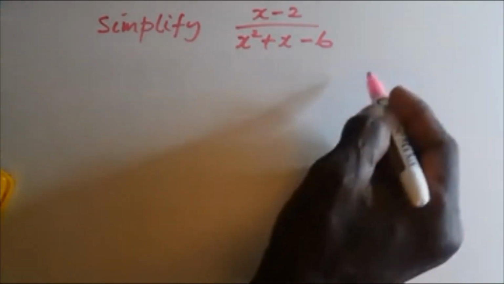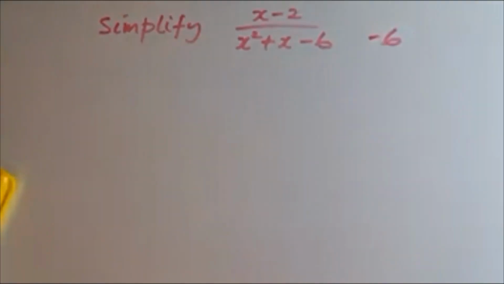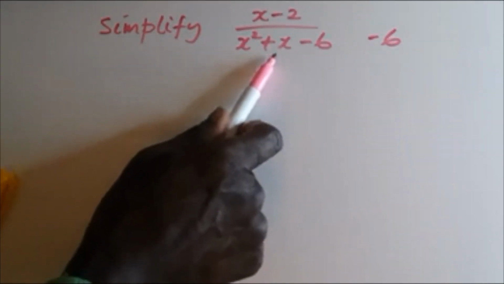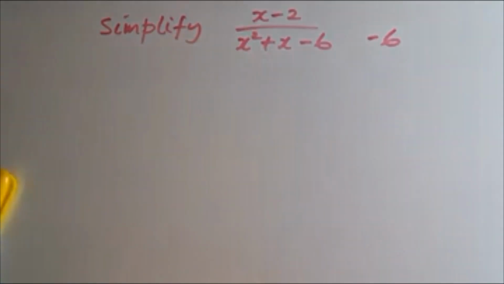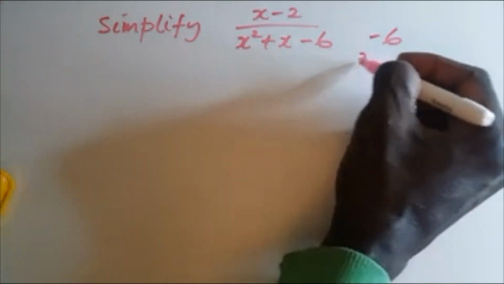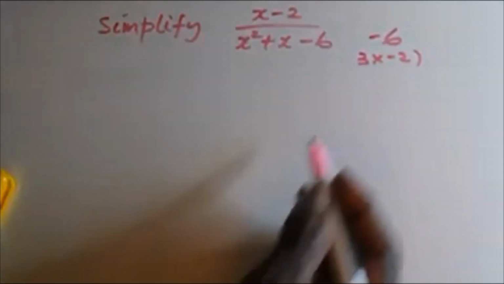So ac is negative 6. So we'd like to find two factors of negative 6 that when added will give us the coefficient of x, which is 1. So we know 3 times 2 is 6. We need to get 3 times negative 2 as our two factors.